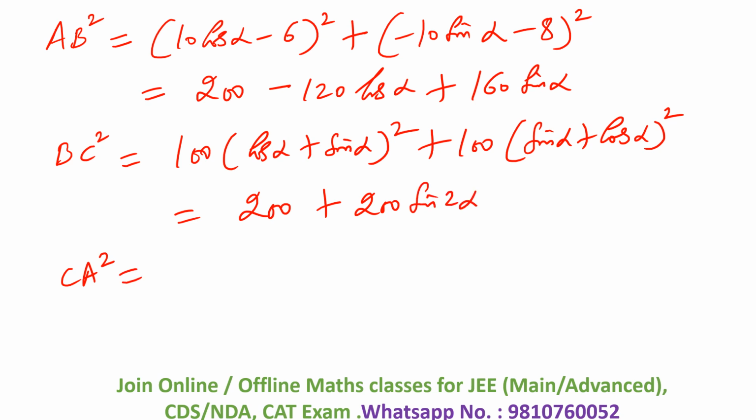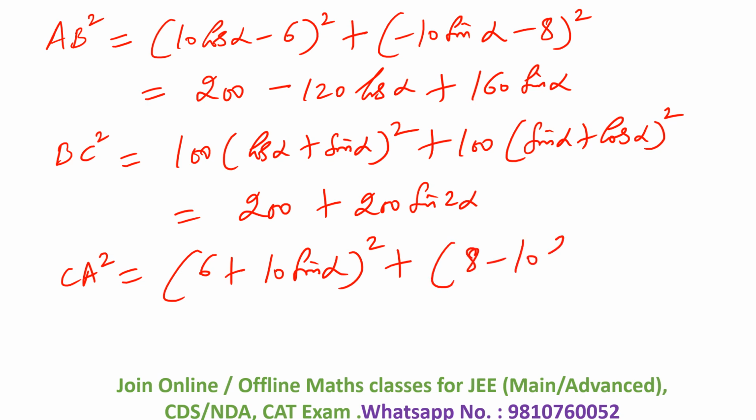Now similarly, the value of CA square becomes (6 + 10 sin alpha) whole square plus (8 − 10 cos alpha) whole square. When you open up the brackets, you will be getting 200 plus 120 sin alpha minus 160 cos alpha.